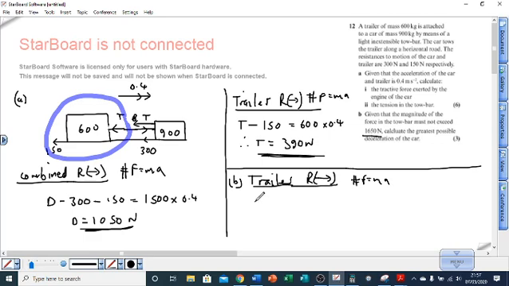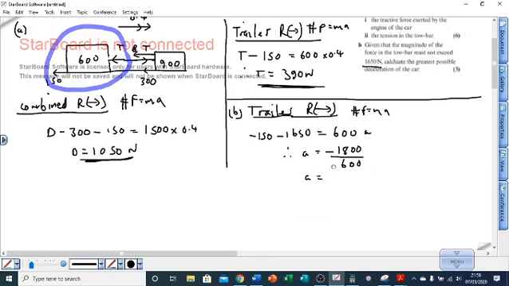Now the net force going in that direction is going to be minus 150, minus 1,650, and that is equal to mass times acceleration, which is 600 times A. So therefore acceleration is equal to these two added together, minus 1,800, divided by 600, which gives an acceleration of minus 3 meters per second squared.